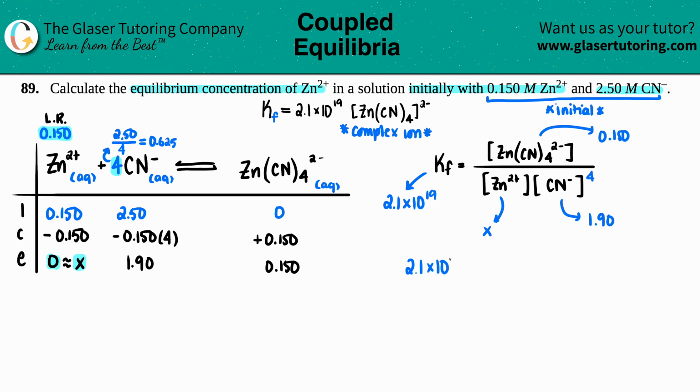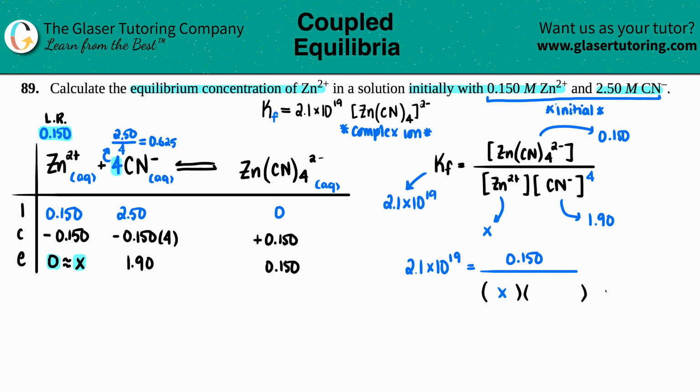2.1 times 10 to the 19th equals, let's see, we have 0.150, and then we have these 2 values. So we have X times 1.90 raised to the 4th. So let's just work on that for now. 1.9 raised to the 4th. I'm just going to erase this.